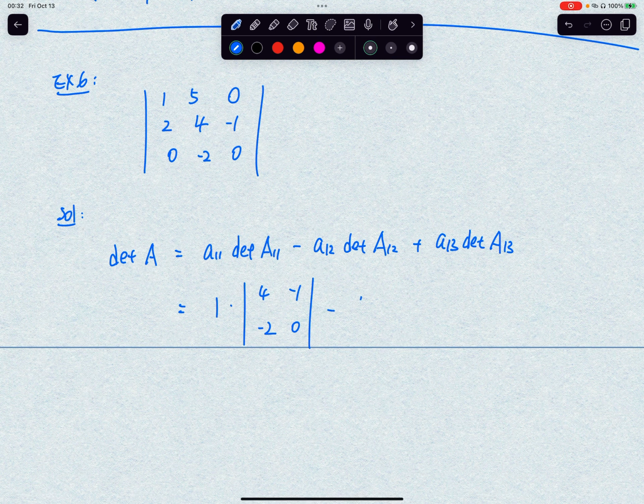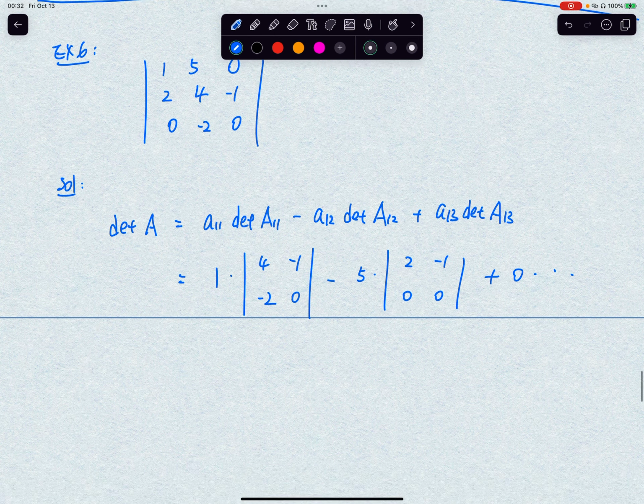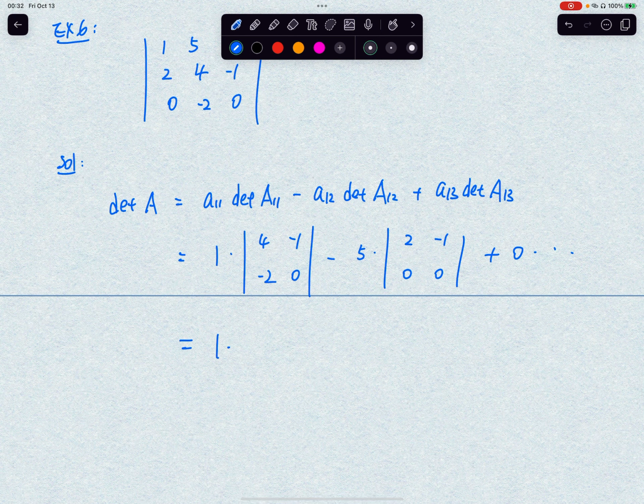And minus a12, that is 5 times the determinant with rows 2, minus 1 and 0, 0. And the other one is 0 times whatever. And the first one is just 4 times 0 is 0, minus minus 2 times minus 1, which is minus 2. And the second guy is just 0, so this is just minus 2.